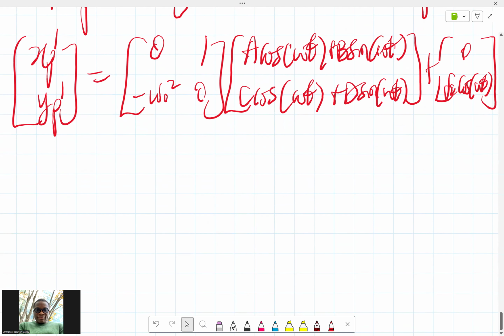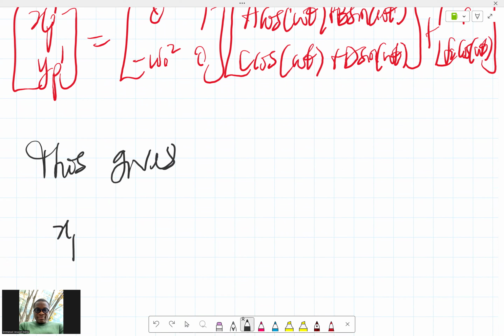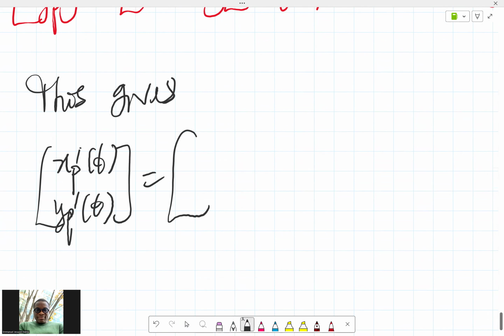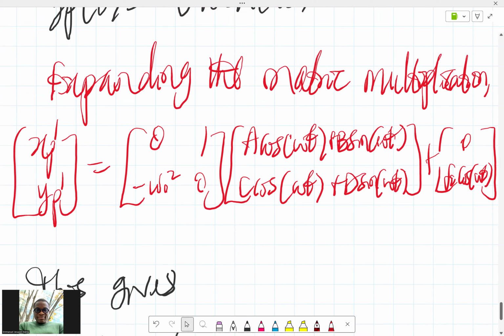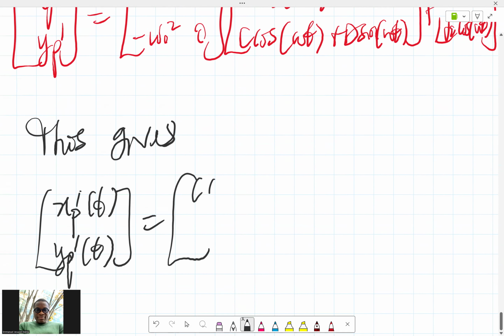Okay, if we tidy that up, this gives xp prime of t, then yp prime of t, and that is equal to, so multiplying this by 0, 1 over this, the 0 cancels the first one. So we just have C cos omega t plus D sine omega t.